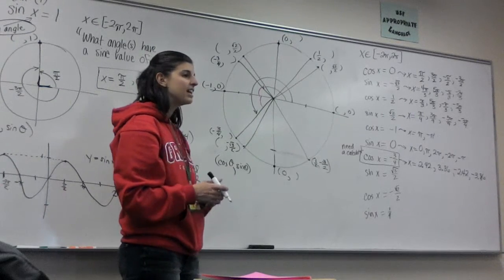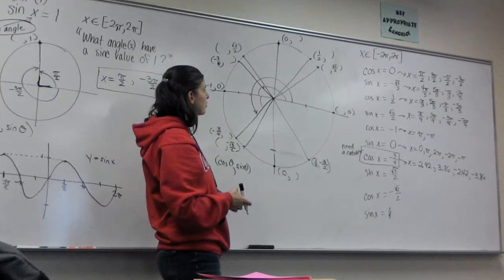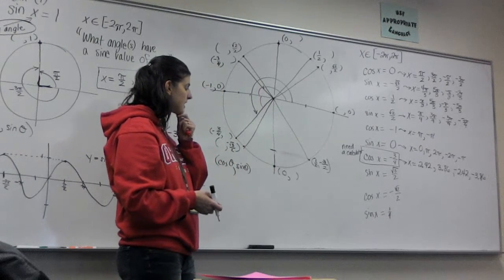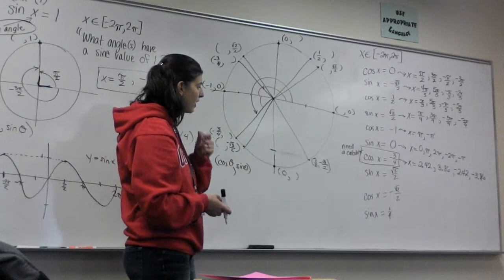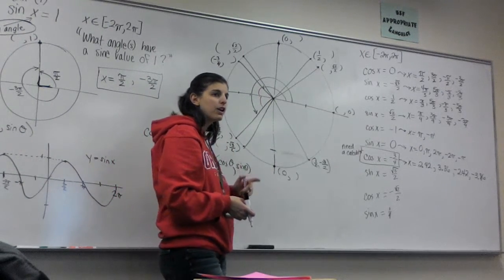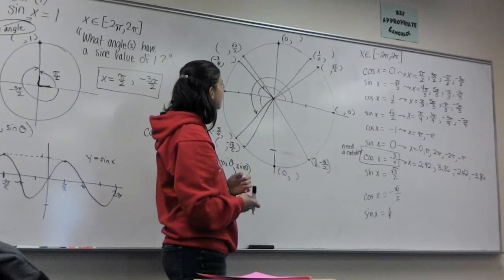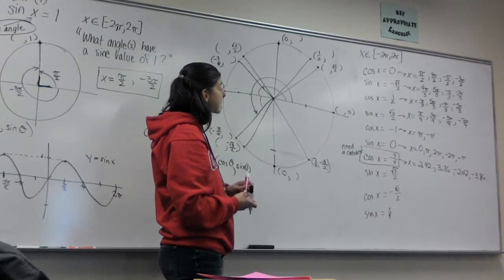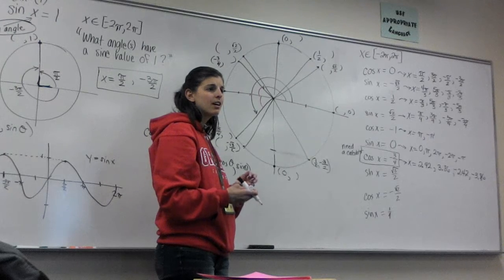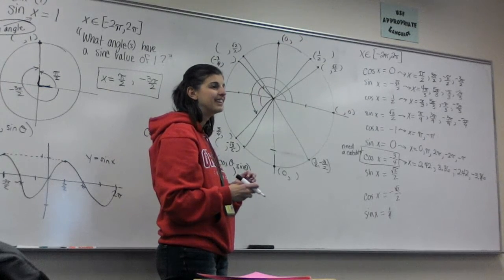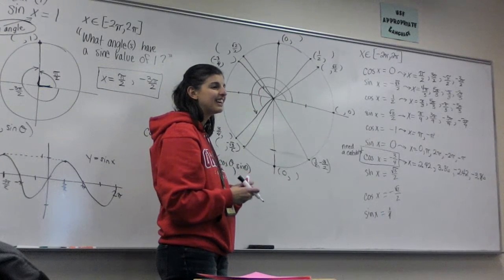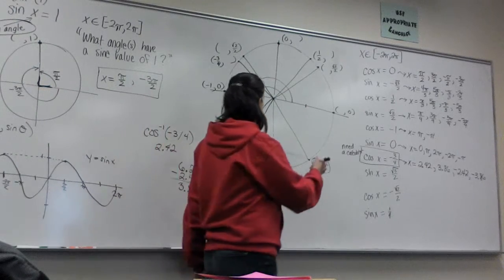Okay, how about sine of x equals square root of 3 over 2? Let's see, the sine is the second number. Where is the sine square root of 3 over 2? Pi over 3, very good.